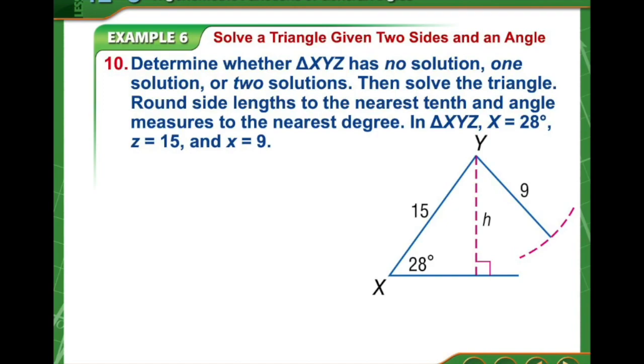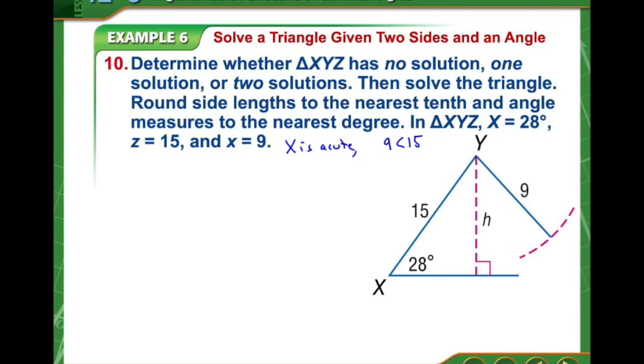All right, so in this case, again, got to look at what we have here. So X is acute. Our sides are doing a very similar thing to what they did the last time. 9 is less than 15. So now we need to take a look at the height as well.